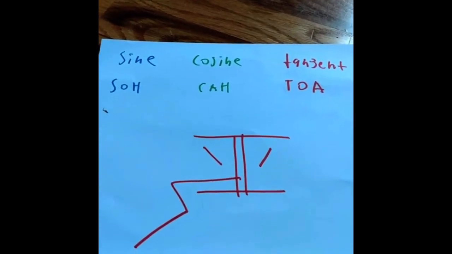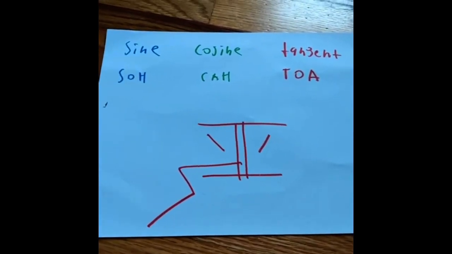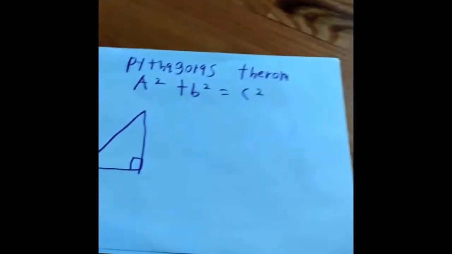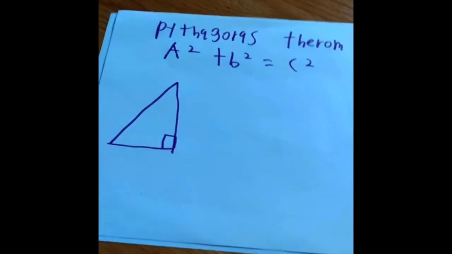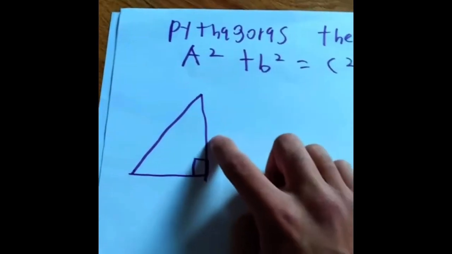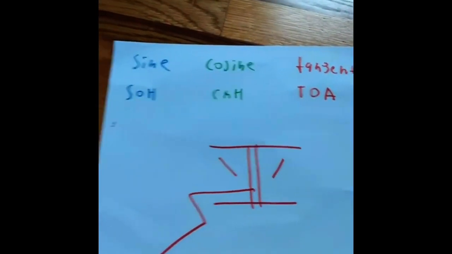But before we start learning about sine, cosine, and tangent, we gotta understand the Pythagorean theorem first, because the Pythagorean theorem only works with right triangles, and sine, cosine, and tangent will usually work with a right triangle.